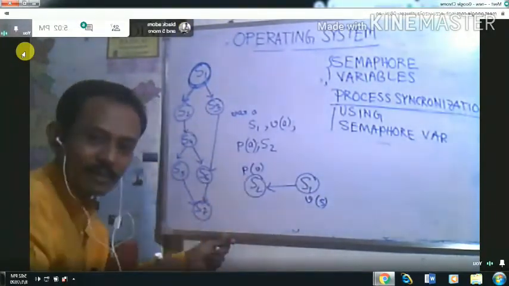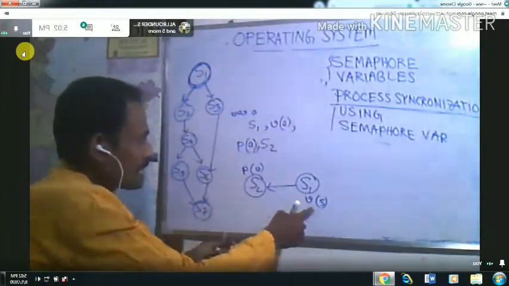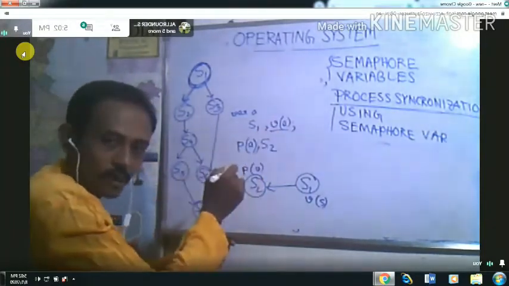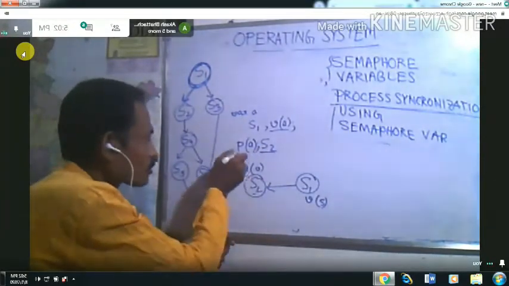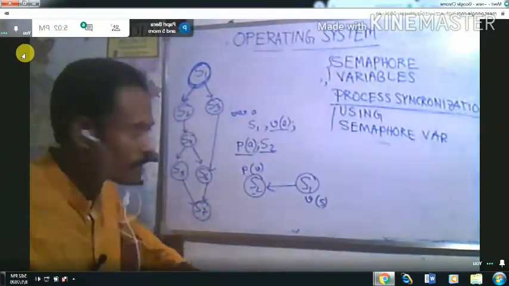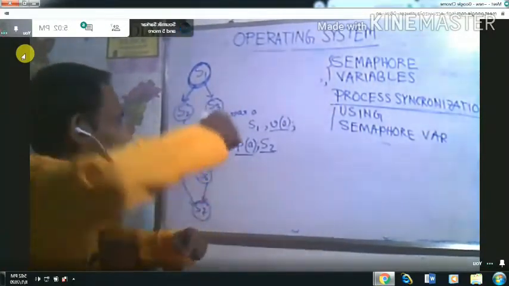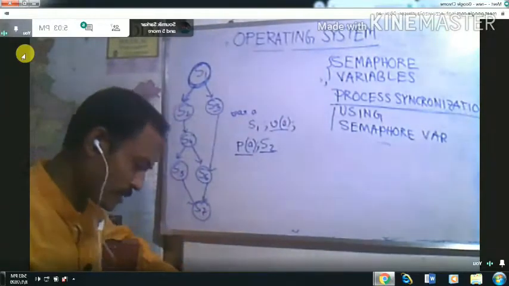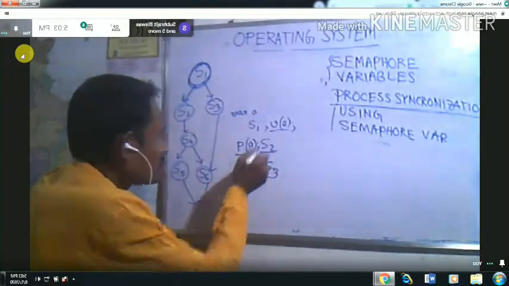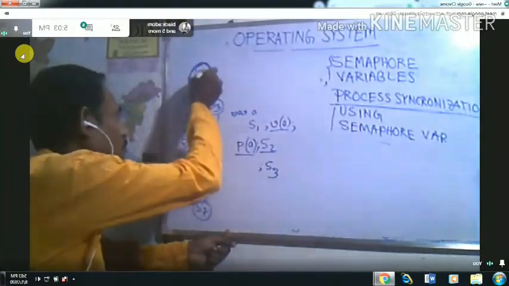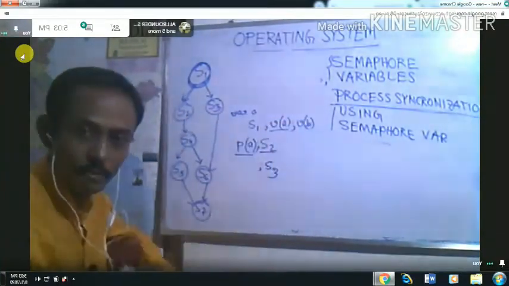So after S1, the V(a) operation is done, and before S2 the P(a) operation is done. Now these two are synchronized. Now when will S3 execute? S3 can execute after executing S1. So suppose you call another semaphore variable b, V(b).